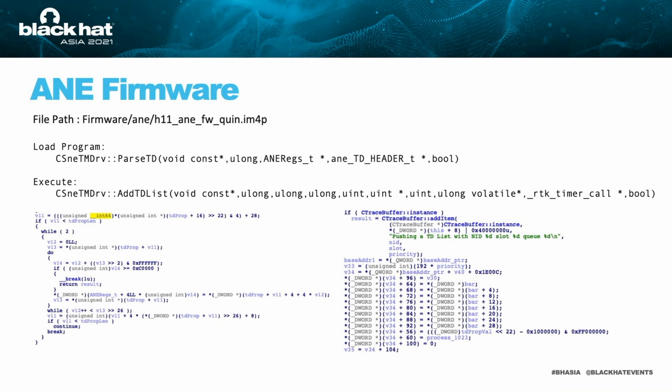The ANE firmware runs in an independent coprocessor, and the binary code can be found in the flashing package, and it is not encrypted. Two functions are mainly introduced here.